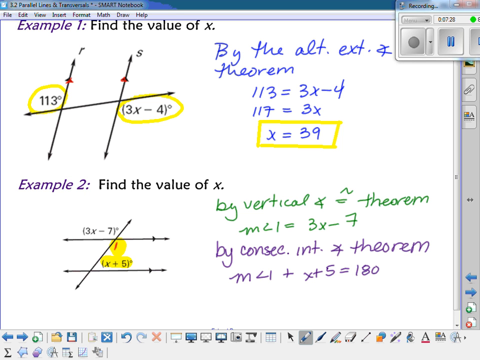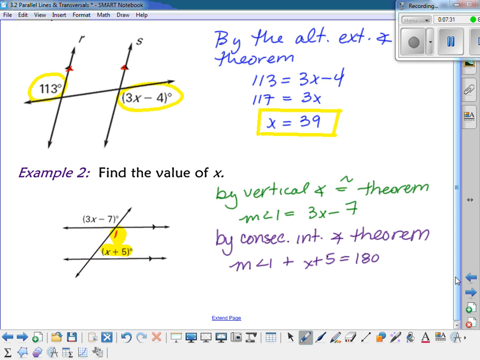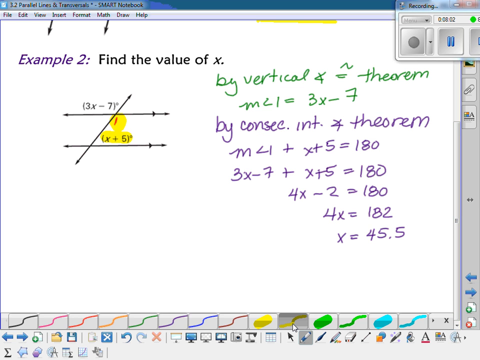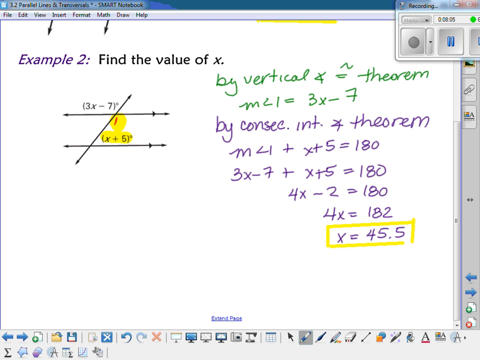We already said the measure of angle 1 was 3x minus 7, so I'm going to substitute that in: 3x minus 7 plus x plus 5 equals 180. Combining like terms, 3x and x is 4x, and negative 7 plus 5 is negative 2. That equals 180. Adding 2 to both sides, I get 4x is equal to 182. Dividing by 4, I find that x is 45.5. And so that would be your final answer for example 2.